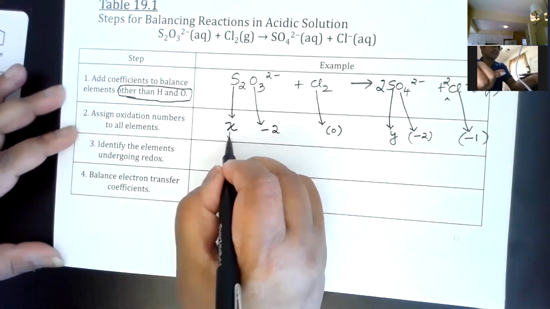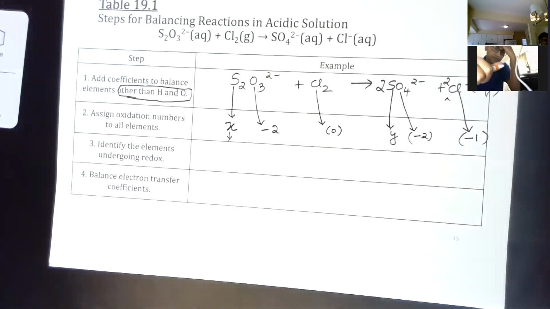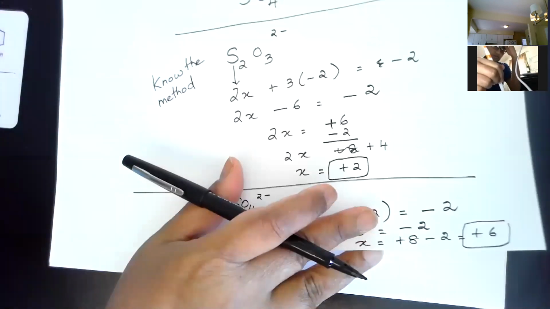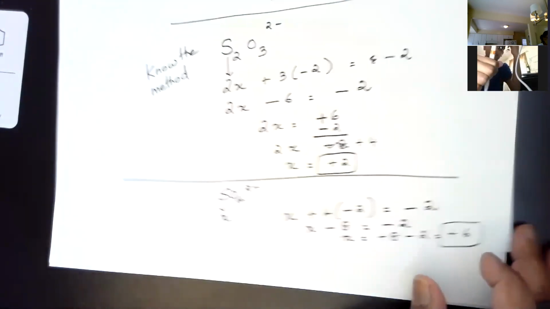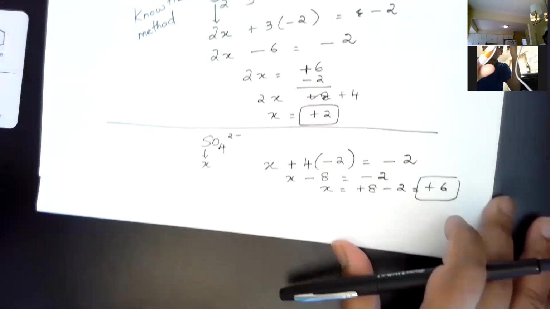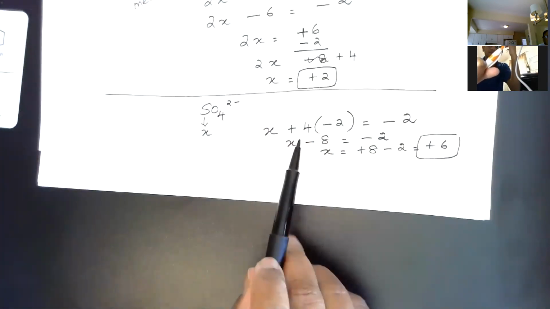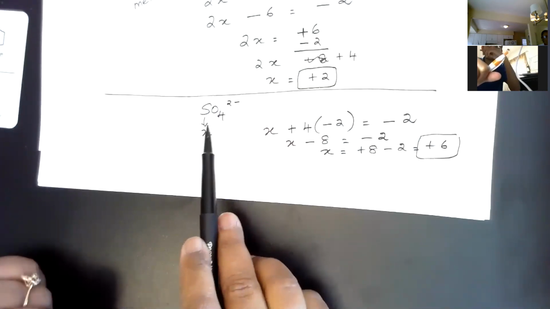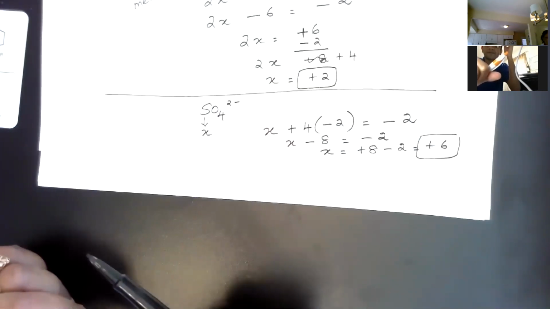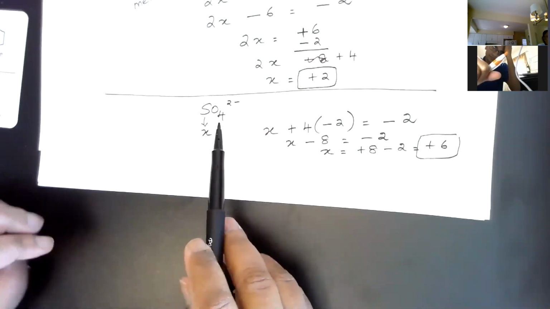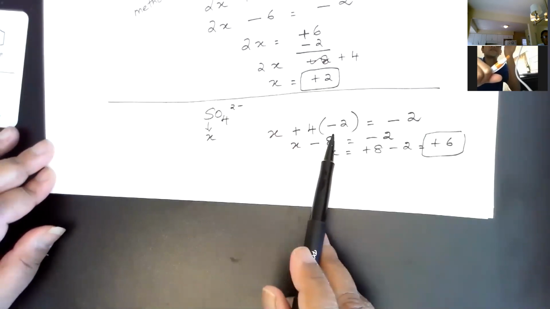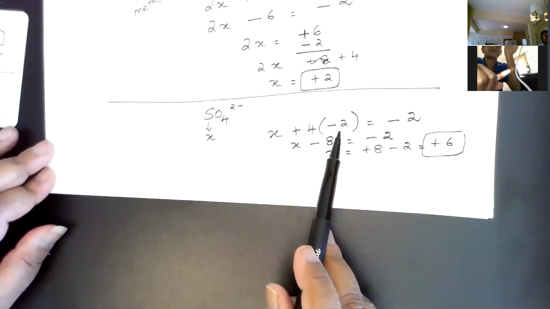Dr. Mary, on the thiosulfate, how did we know the total was 6? So the sulfur, we don't know what it is, so we are setting it as X. And then there are 4 oxygen atoms right here, and each oxygen has a charge of -2, the oxide.